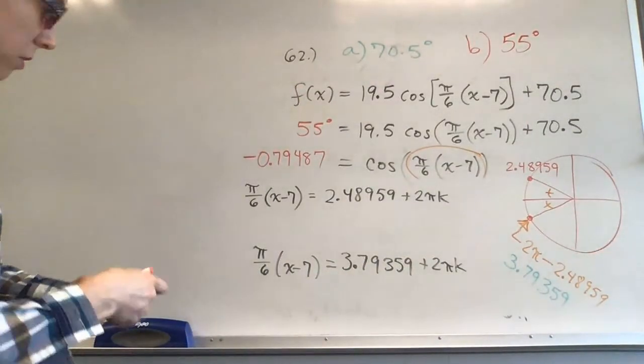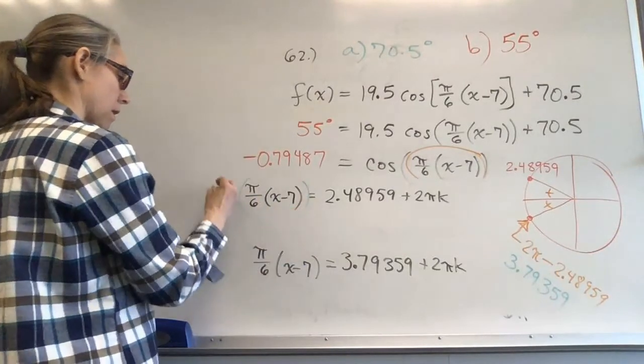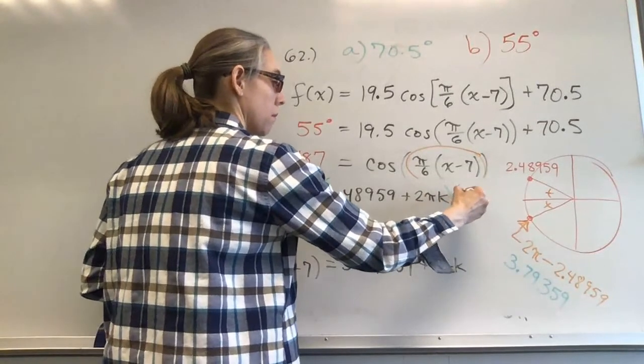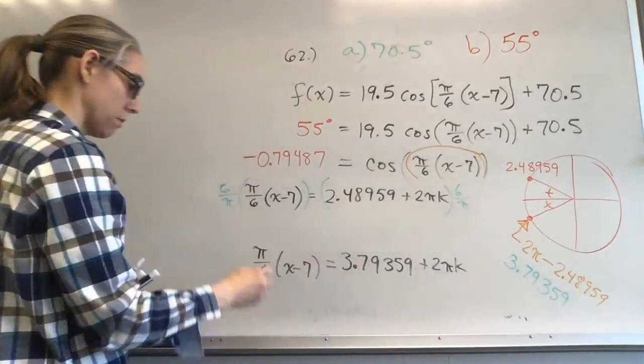And now I want to multiply both sides by 6 over pi, as we did last time.